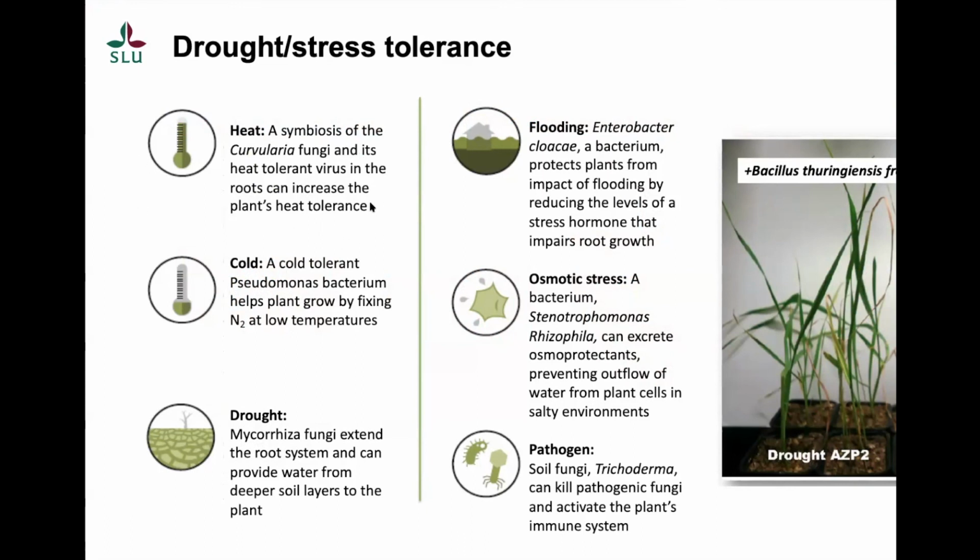It can actually increase the plant's heat tolerance. You have cold tolerant bacteria that are able to fix nitrogen, and these are free living Pseudomonas. They don't form nodules, they just live out in the soil. If it's too cold for other nitrogen fixers, but the plant is still able to grow, these guys can still fix nitrogen. So they help the plant under cold stress.